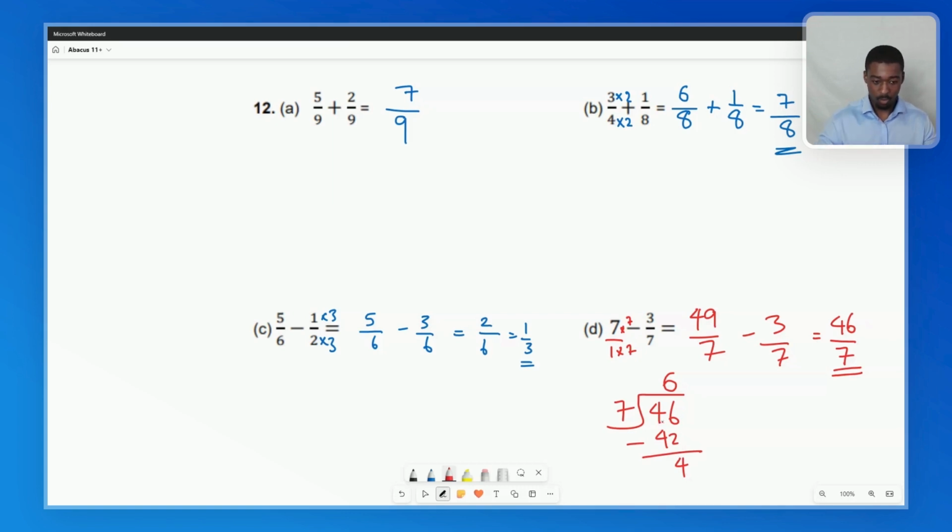So let's break down what does this mean. It's telling us that 7 goes into 46 6 times, remainder 4. And therefore our mixed number is 6, because it goes into 46 6 whole times. And the fraction part of this mixed number would be 4 over 7.